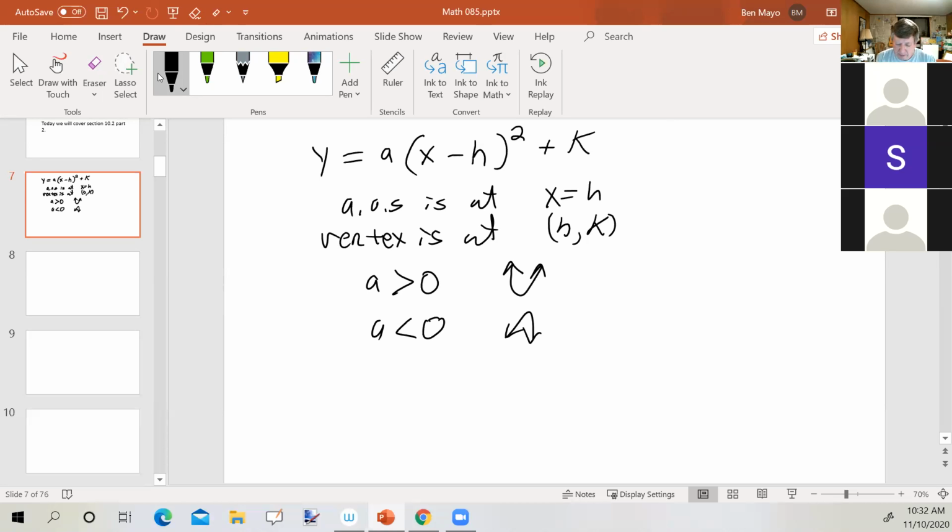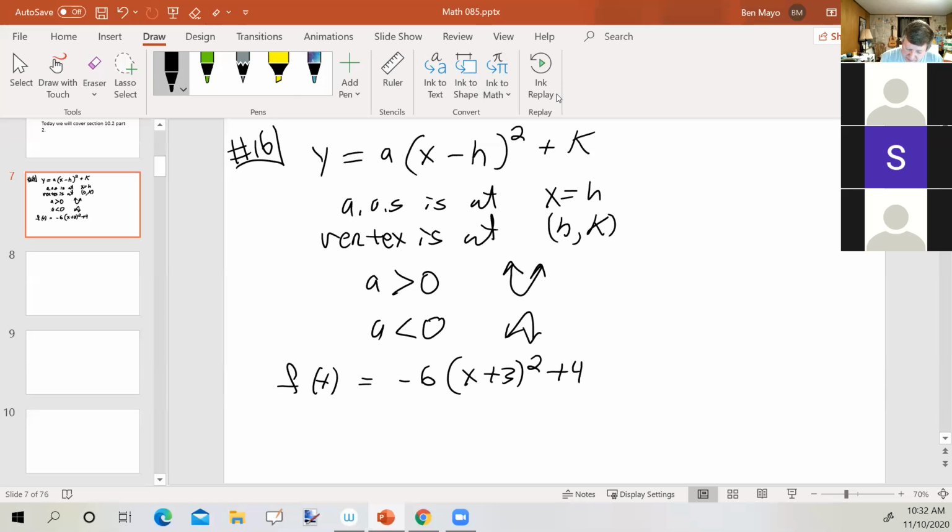Okay. Now, taking that information into account, we have the following function. This is number 16 from 10.4, part 1. f of x equals -6 times the quantity x plus 3 squared plus 4.